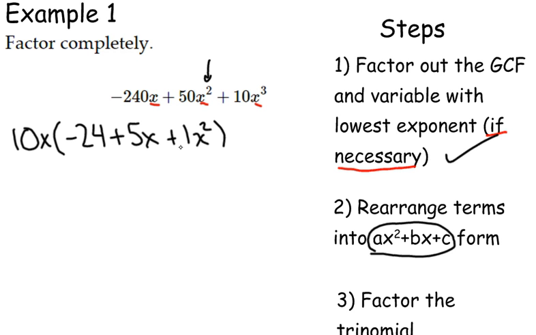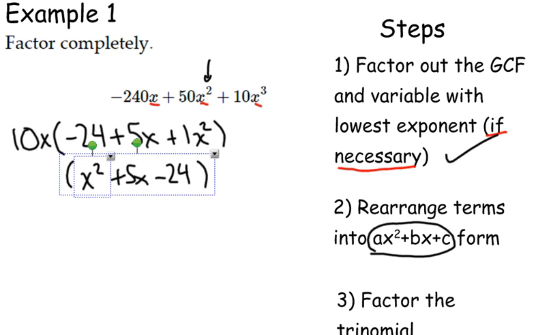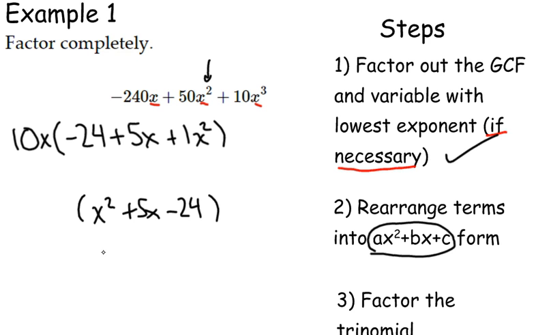So that means the x squared needs to be first, and then the plus 5x needs to be second, and the minus 24 will be last. So we rearranged the terms. That was our second step. Okay, and don't forget to bring down the 10x.